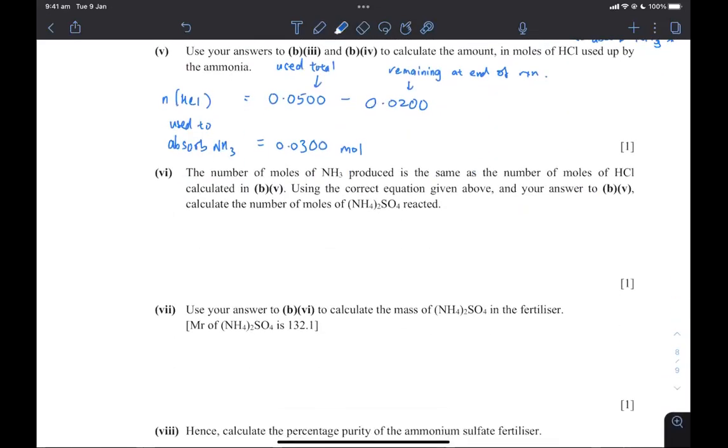Now this next one, the number of mole of NH3 produced, how much NH3 gets produced is being absorbed by the mole of the HCl that reacted, because this is the mole of HCl that's used to absorb that. As you know from the earlier equation, NH3 plus HCl, base plus acid, this equation was given earlier as well.